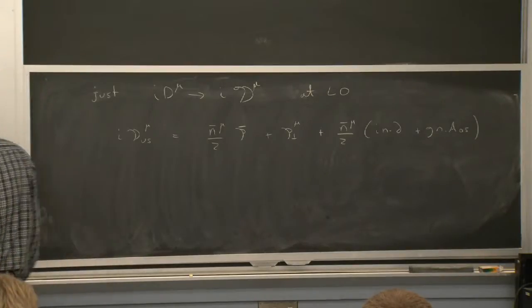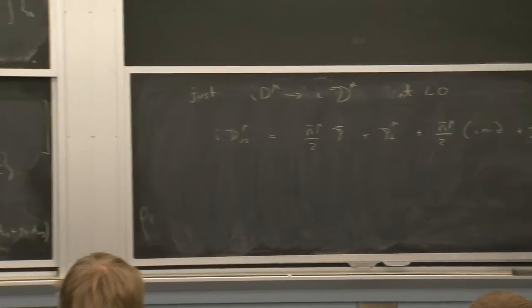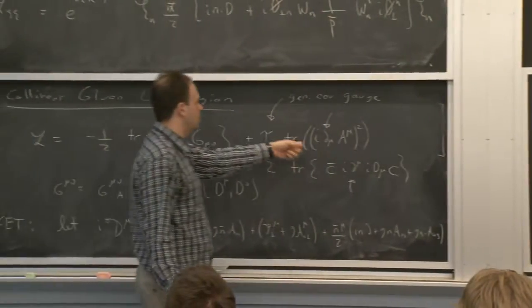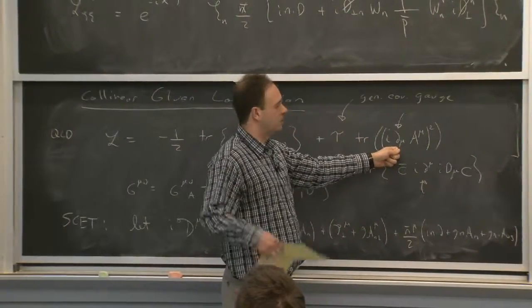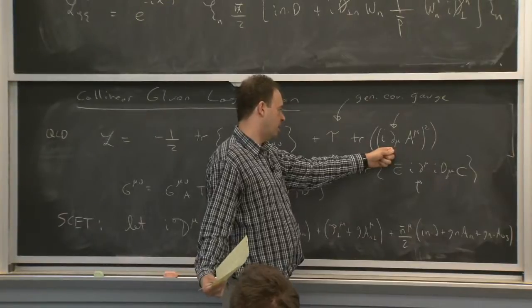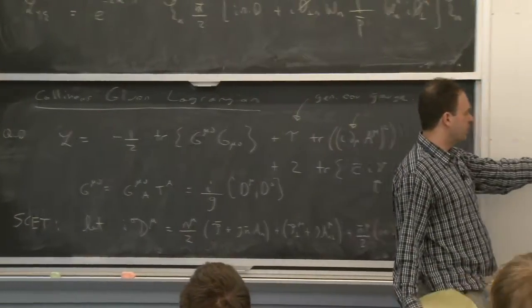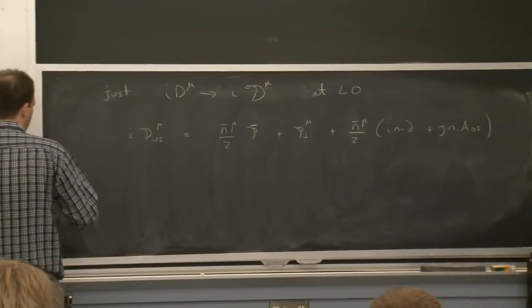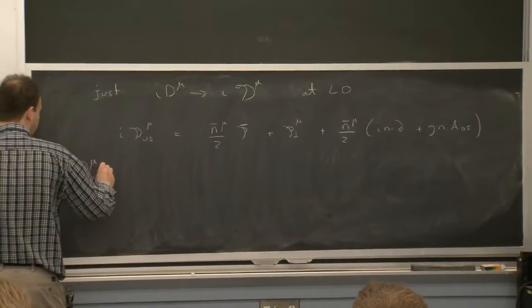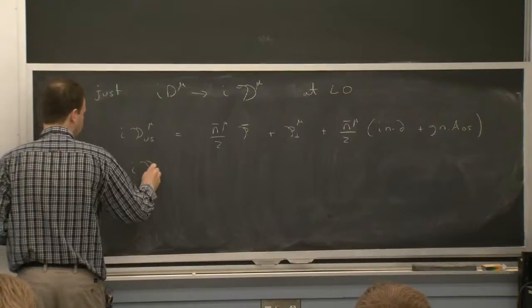So one way of thinking about that is that it would be like background field gauge. In background field gauge, you'd make this partial mu into the D mu of the background, involving the background field, and that would be background field gauge. So from the point of view of the ultrasoft field, being a background field, it's very natural to have a replacement that looks like this.